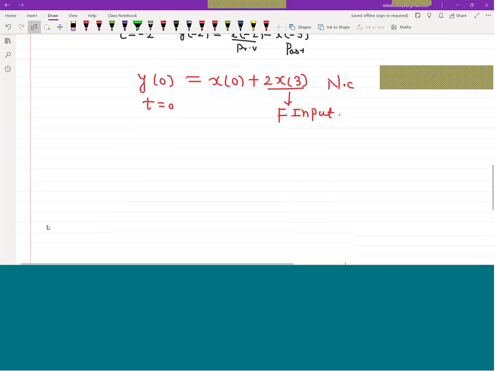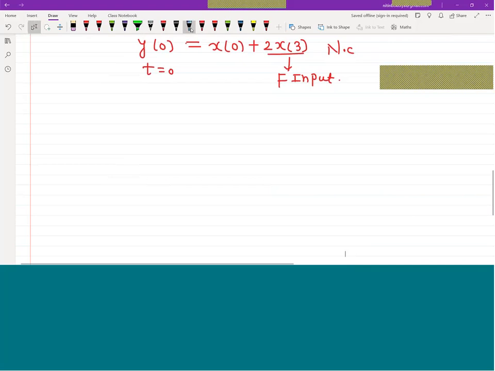Let's take one more example. From the input-output relationship, we can identify all the properties. Let's say y(t) is equivalent to x(t) plus the integral from 0 to t of x(lambda) d lambda.